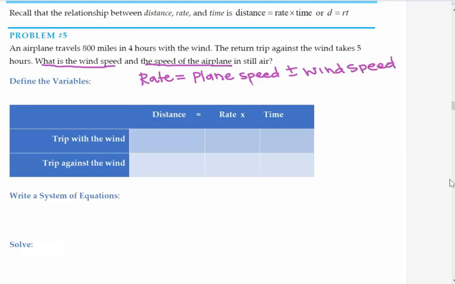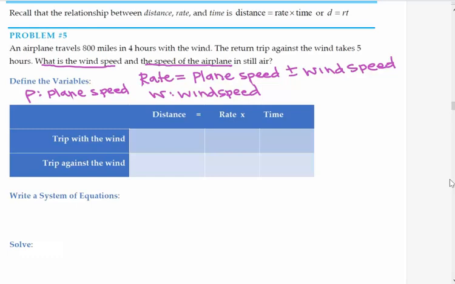Okay, so I'm going to define my variables as my plane speed is going to be P, and I'm going to call W my wind speed. Okay, but you can use whatever variables you like, but that's what I'm choosing to use on this.